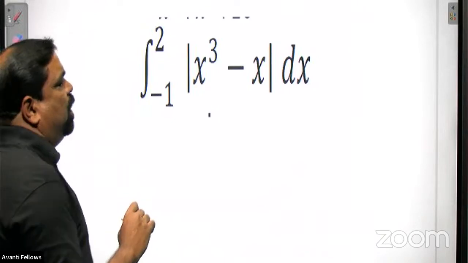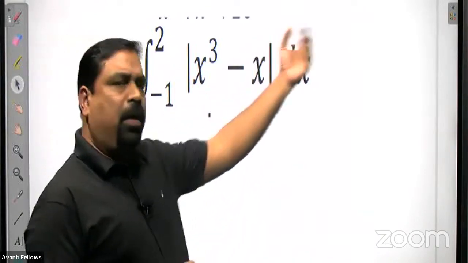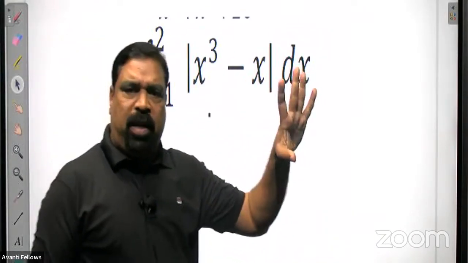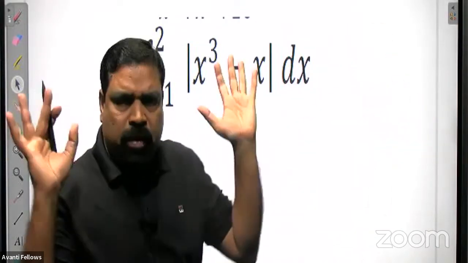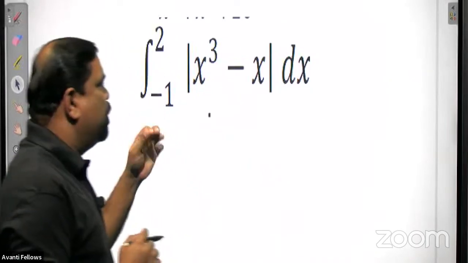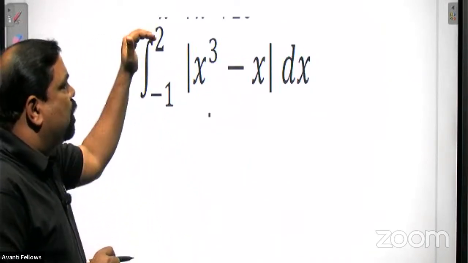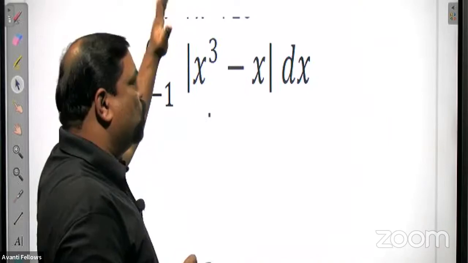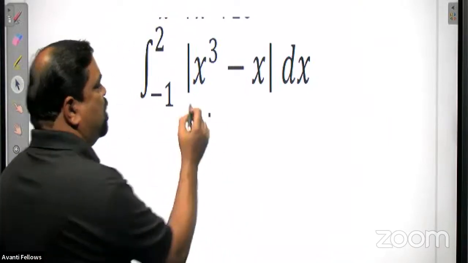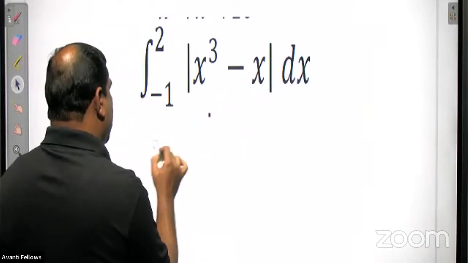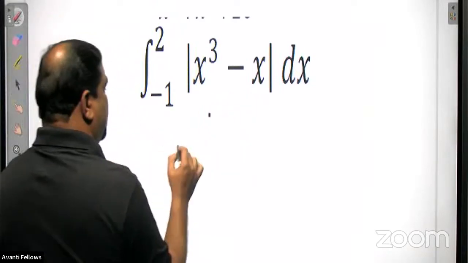Okay. Either it will be positive or somewhere it will be negative. Mod x, the nature is like that. Mod x will be minus of x somewhere, and x somewhere, in some interval. So, where we have to break in between minus 1 and 2, that is the question. Okay. For that, what to do? The same technique. You consider x cube minus x.